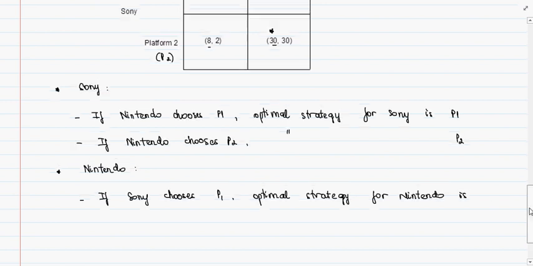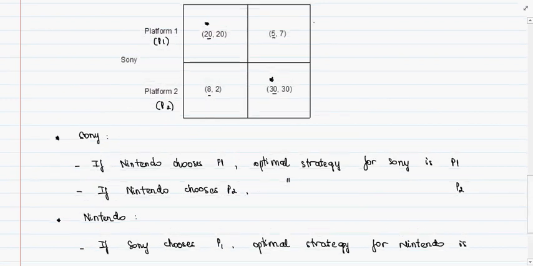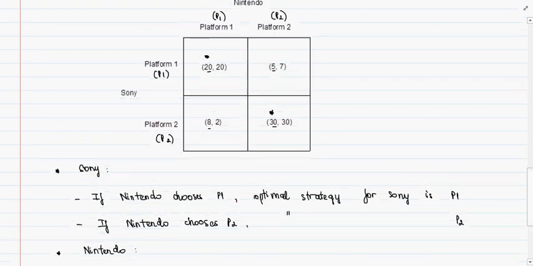If Sony is choosing platform 1, we're looking at the first row of the table. Nintendo has two options, either going with platform 1 as well and getting 20, or going with platform 2 and getting 7. Remember, the second payoff is the payoff for Nintendo. So 20 is better than 7, therefore Nintendo is going to choose platform 1 as well.